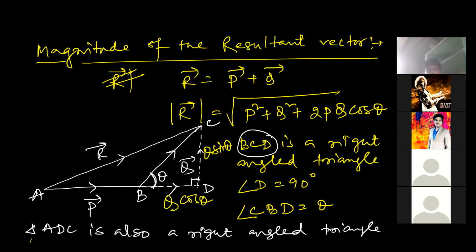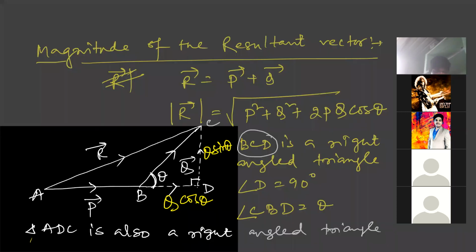Gagan, Priti, Ananya, say whether ADC can be a right angle triangle. Now wait, let me zoom that portion.